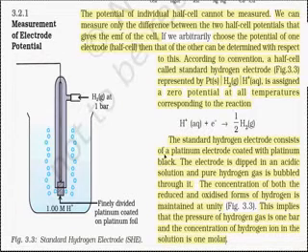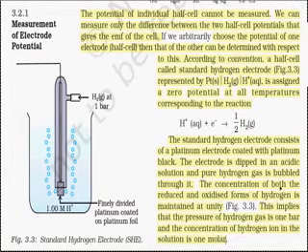So let us read. The standard hydrogen electrode consists of a platinum electrode coated with platinum black. The electrode is dipped in an acidic solution, that is a solution of H+ ions, and pure hydrogen gas is bubbled through it.